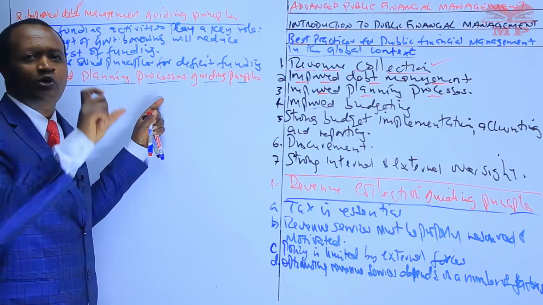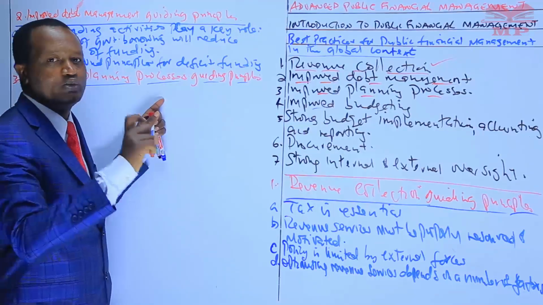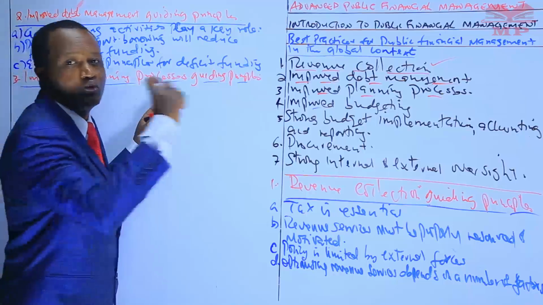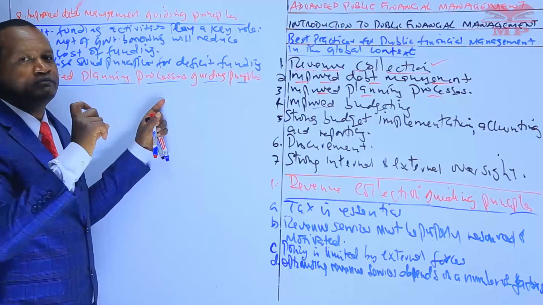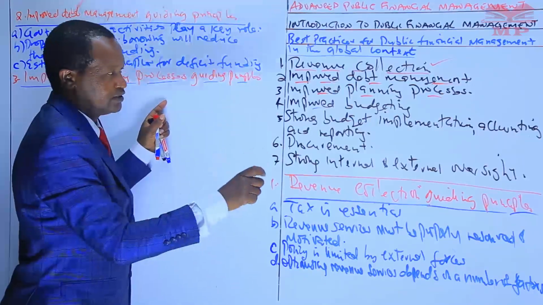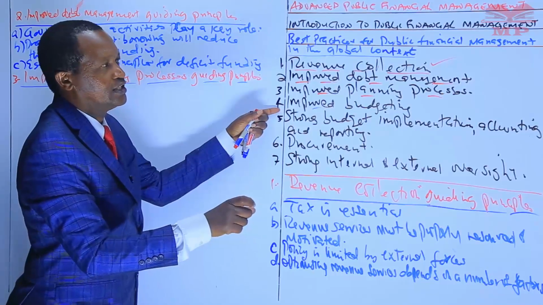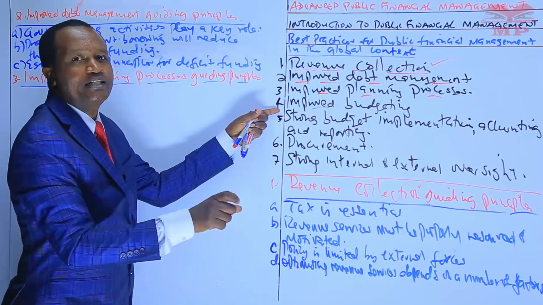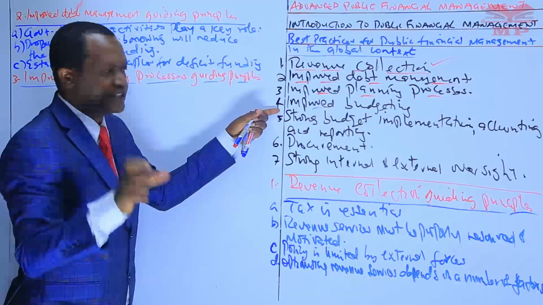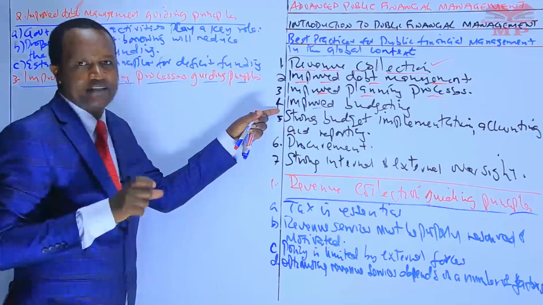So planning is a logical what? Organization of activities towards the achievement of national objectives. Just activities, you plan the activities. Now when we move on to budgeting, budgeting, on the other hand, is the financial representation of the plan.